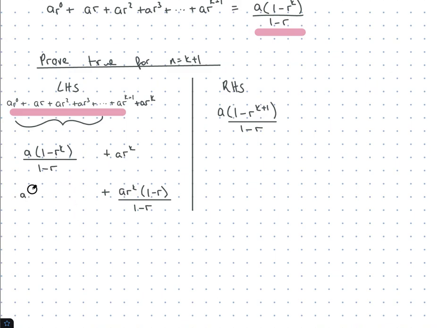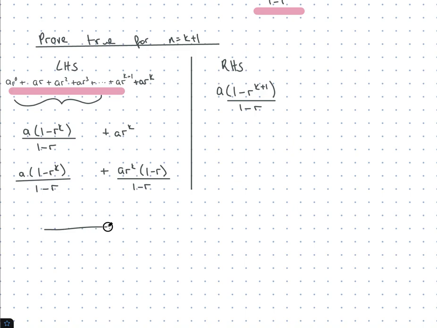And then we're going to have A 1 minus R to the k all over 1 minus R. Now they're the same denominator, so I'm going to just put them over the same thing. And then, see the way A is in common to both, so I'm actually just going to factorize that out of kind of a big bracket. Then I would be left with 1 minus R to the k plus R to the k into 1 minus R.